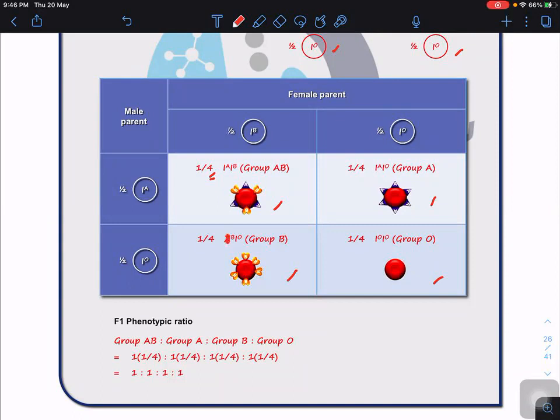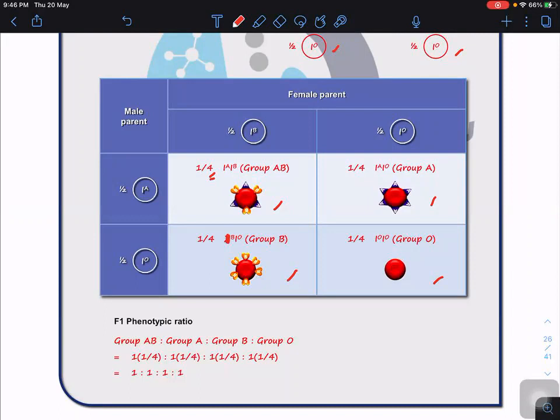Let me use this example. The father has blood group A, the mother has blood group B, and he himself gets blood group O. Don't straight away jump to the conclusion, oh, I am adopted.